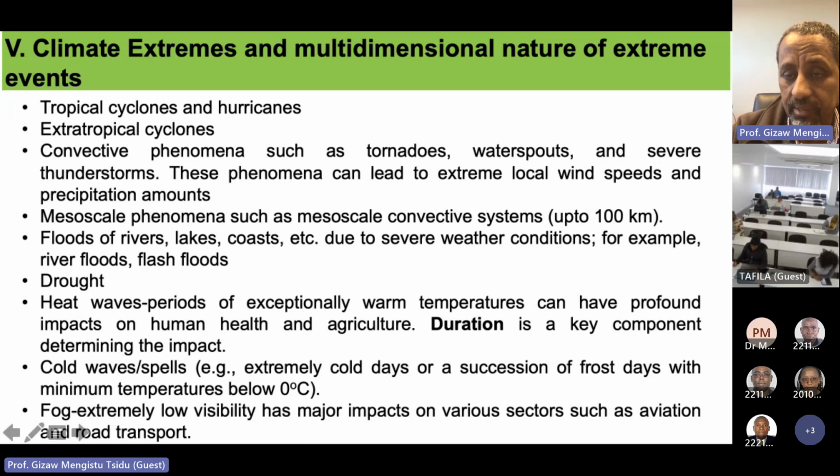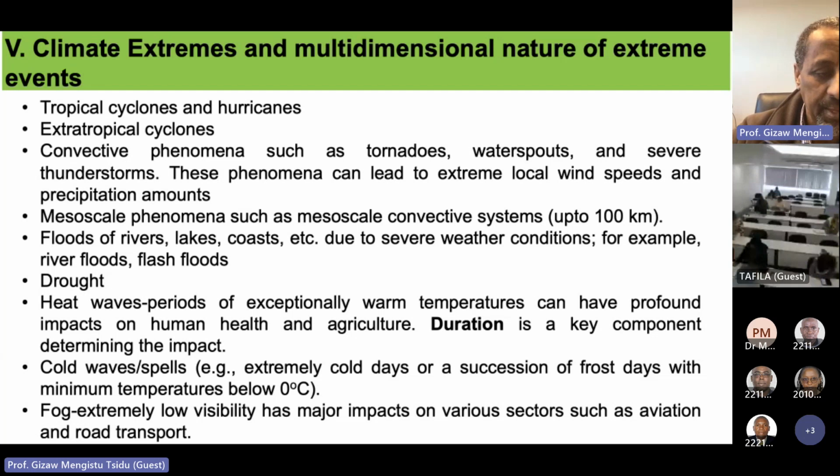Cyclones happening over Mozambique area could have an impact all the way to Botswana and also Namibia in some cases, right? At least you'll get an impact, a leftover type of impact, highly weakened, but you can feel it.